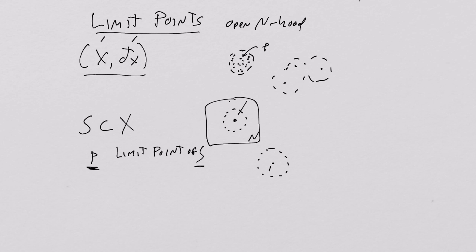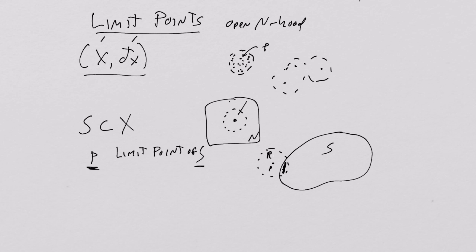Since if this is the point P and this is an open neighborhood of P, the set S here might be a subset S. Well, there's an intersection between S and the open neighborhood of P, which I'll call R of P, right?